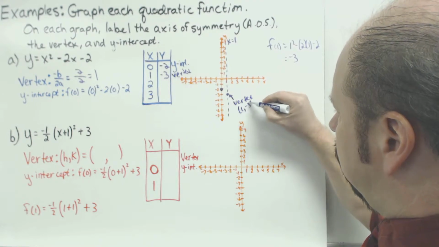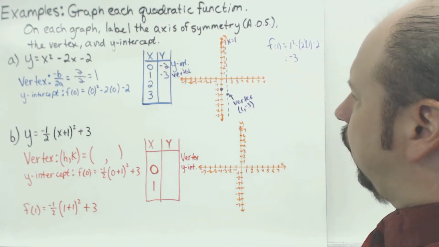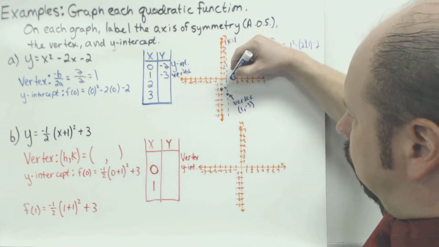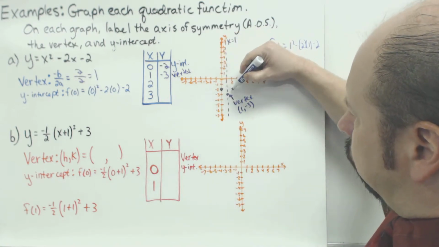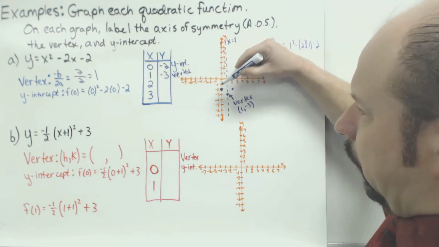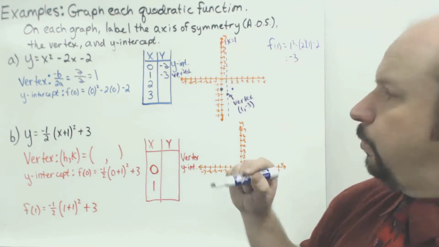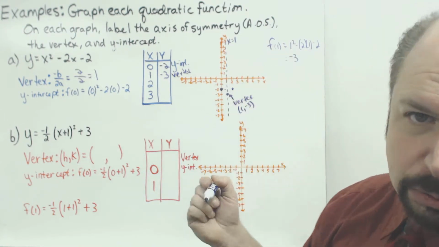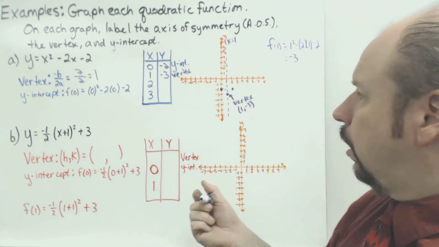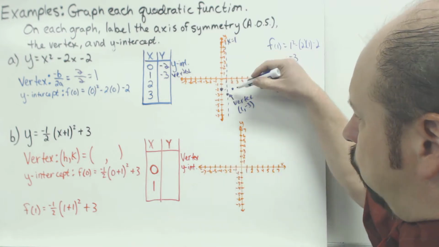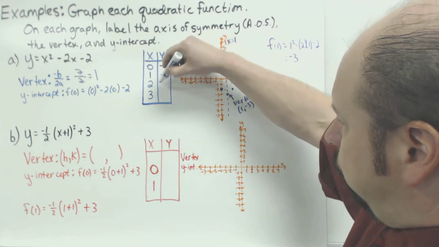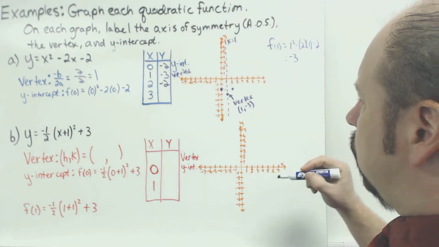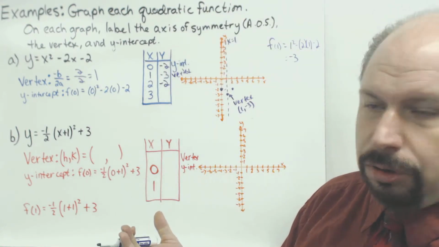Okay, now notice that since we already have the point (0, -2), and it is 1 away from the vertex, this other point has to also be 1 away from the vertex, and it will have the same y value as this point. So at 2, we also have a value of -2. So that is another point on our graph.